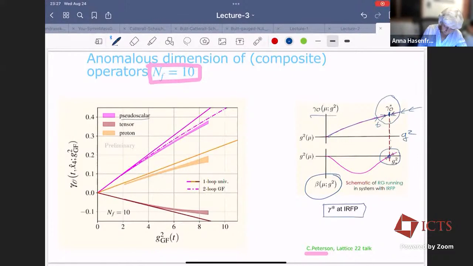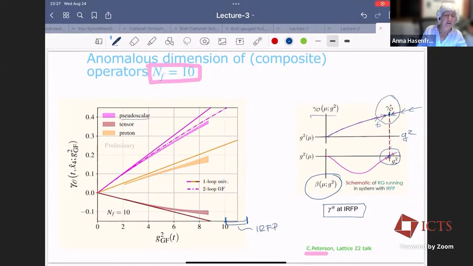Now, what do I think, based on calculations of other quantities, of where the infrared fixed point is in this system? It is somewhere between 10 and 12. We don't have a very good prediction.